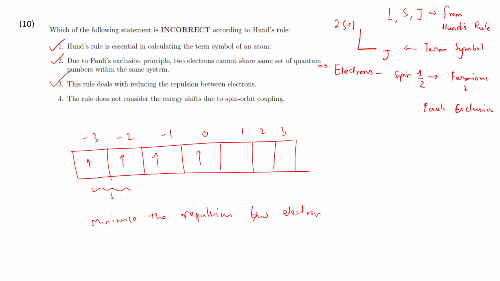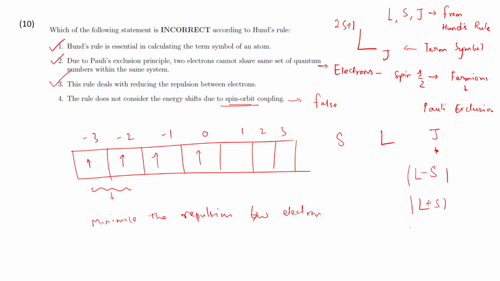The rule does not consider the energy shifts due to spin orbit coupling. This is false. Why? Because of these energy shifts due to the spin orbit coupling. You remember that we calculated S, L, and J. This J has the effect of spin orbit coupling. So this is L minus S if it is half filled, and L plus S if it is more than half filled.